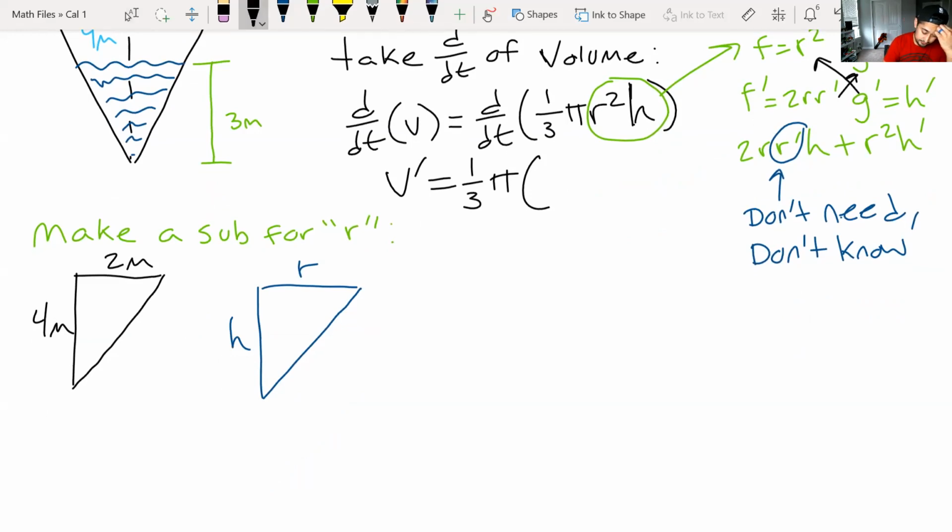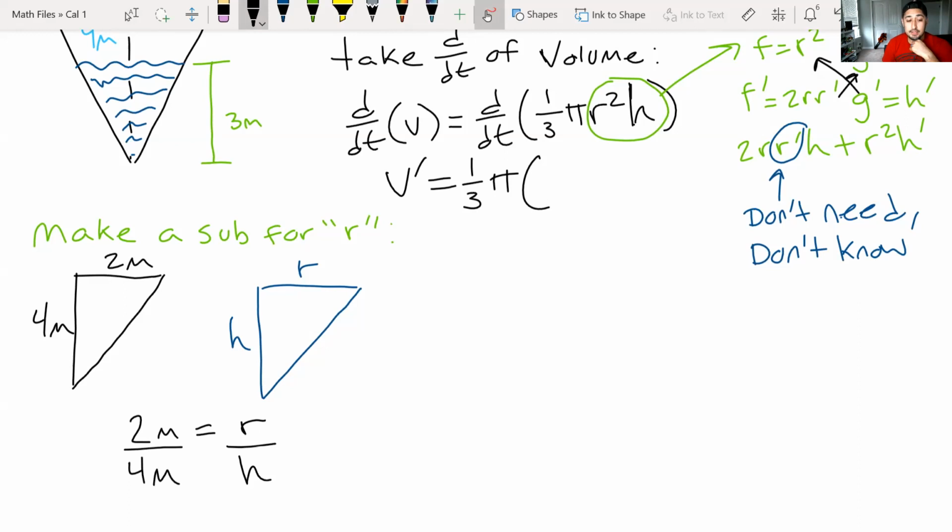So we know that 2 meters is equal to R, because the base of the triangle on the left is going to be equivalent to the base of the triangle on the right. And then I said proportions. So now the height, 4 meters, is going to be equal to our height of h.